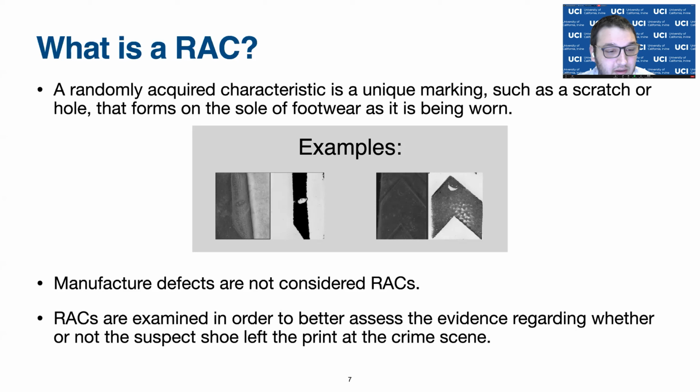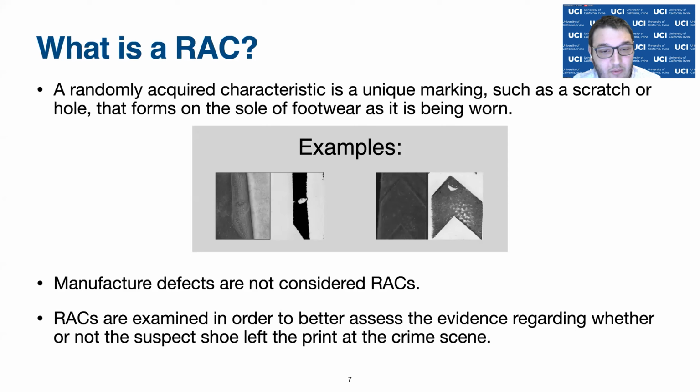Common things that are not considered RACs are manufacturer defects, and the overall general pattern of the shoe is also not considered a RAC. So you have to differentiate between what was created randomly and what was supposed to be there. And the point of RACs in shoe print examination is to better assess your evidence.